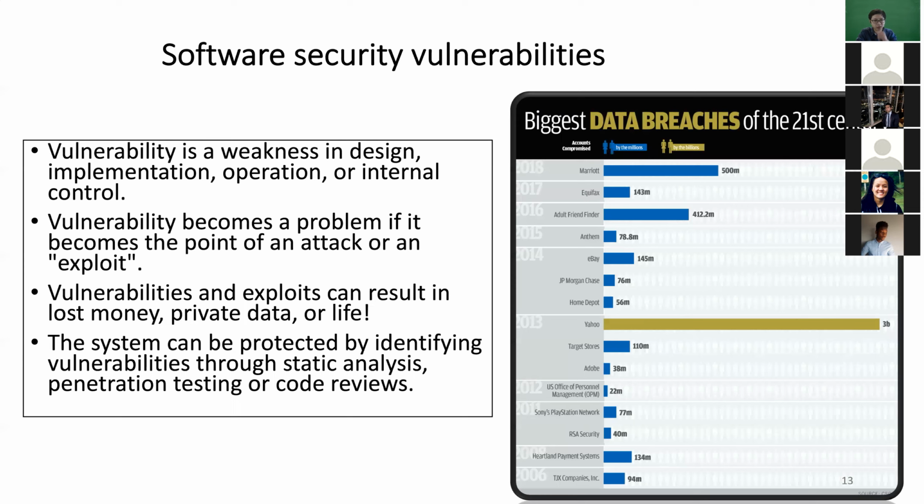A vulnerability is a weakness in design, and it can also be a weakness in implementation, operation, or internal control. Vulnerability is about the weakness of the system. So if you have a weakness or a vulnerability in your system, others can attack your system. Others can take advantage of that vulnerability or weakness, right?